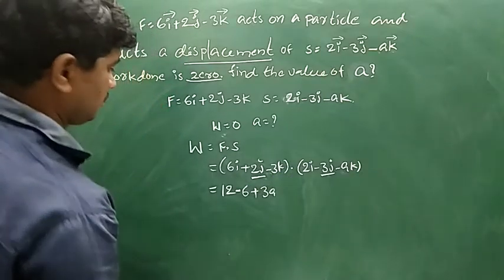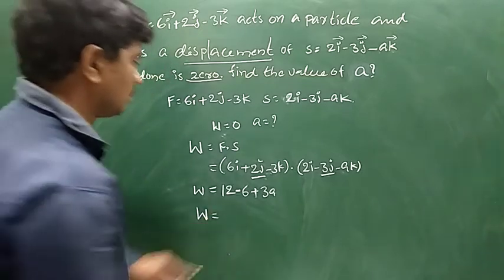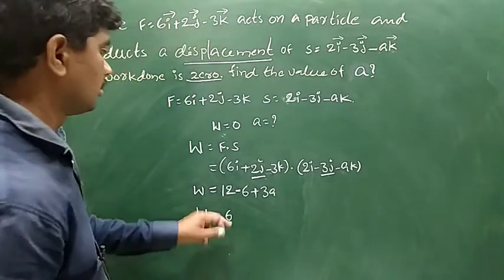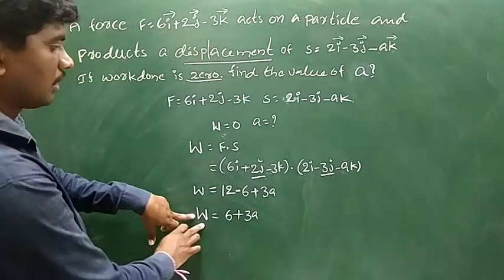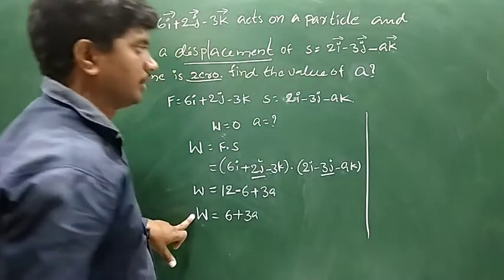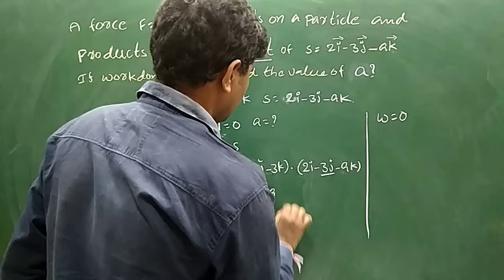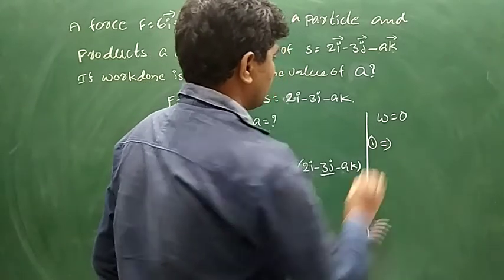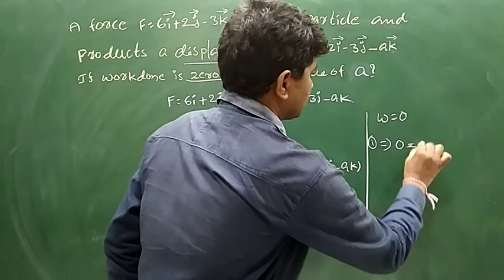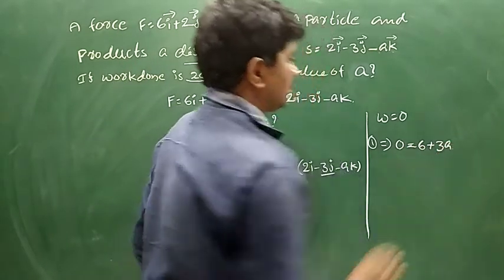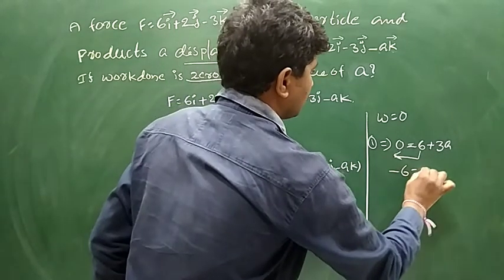Next, W is equal to 12 minus 6, which is 6, plus 3a. But work done W is equal to 0. Therefore, 0 is equal to 6 plus 3a. Transposing 6 to the left-hand side gives minus 6 is equal to 3a.